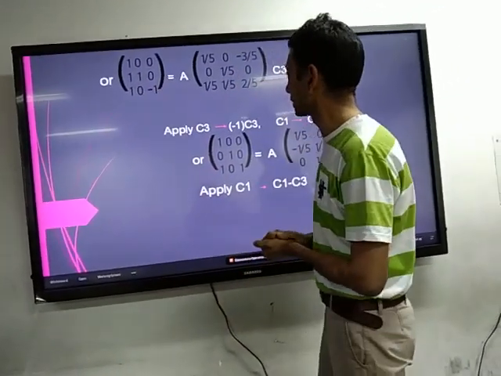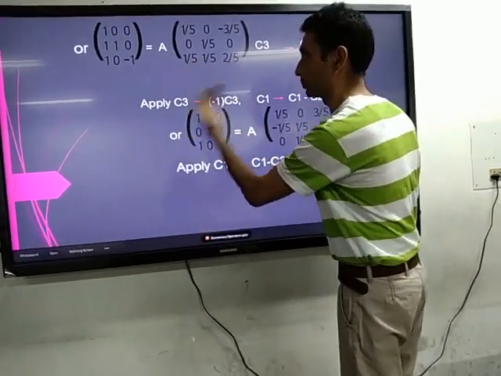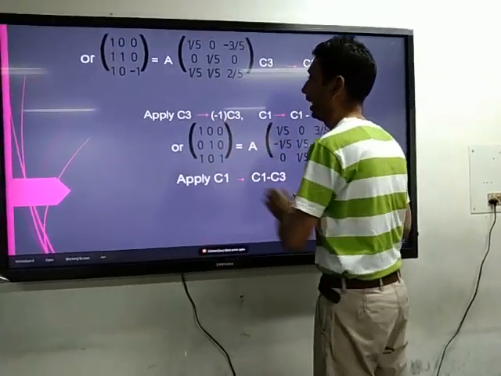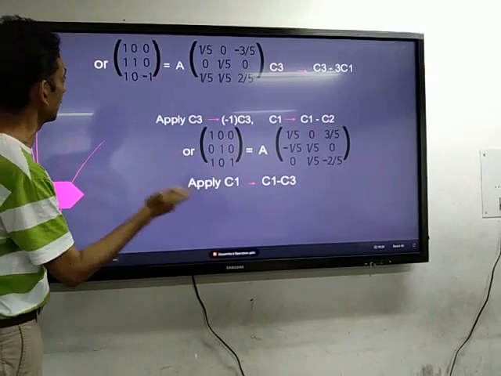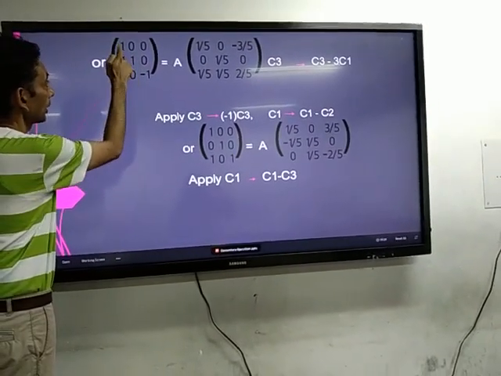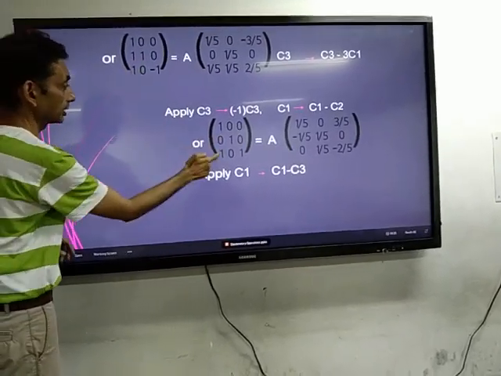So how can you do that? In this step we are going to follow two rules together. C3 we are multiplying by -1, and for C1, the 2,1 position element, we will make it 0. How can you do that? If you subtract column 2 from column 1, 1 minus 0 is 1, 1 minus 1 is 0, and 1 minus 0 is 1.